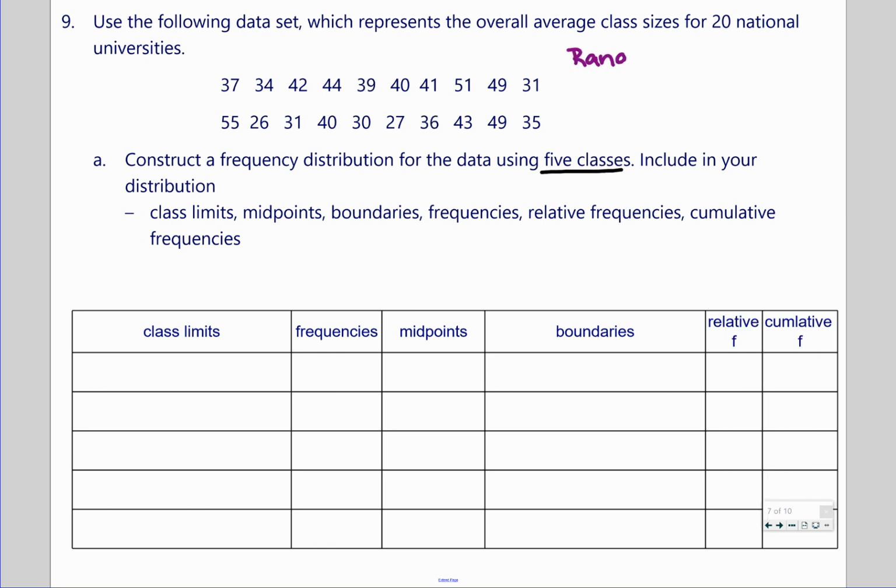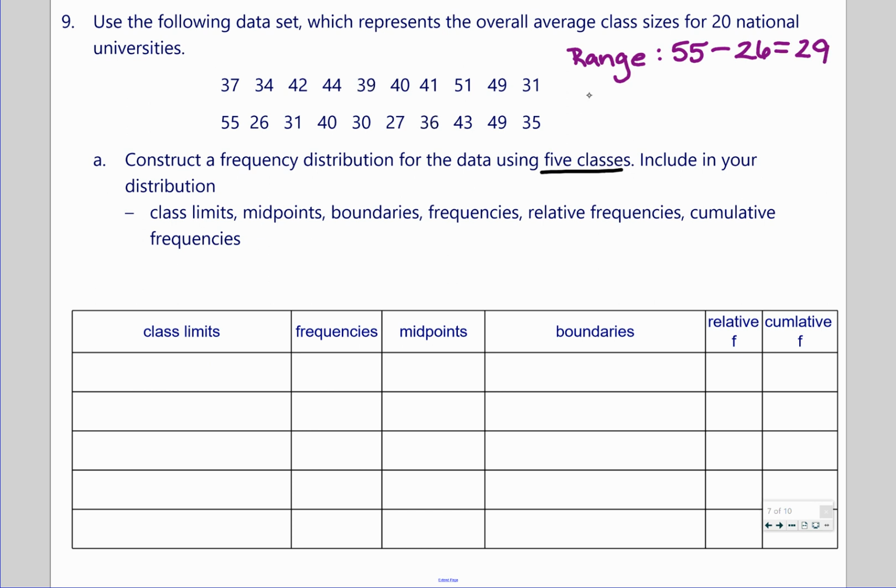We did this yesterday. So range is our highest value minus our lowest value. What's our highest value here? 55 minus our lowest value is 26, yep. 26, and then if I subtract those, I get 29. Sound good? Okay.